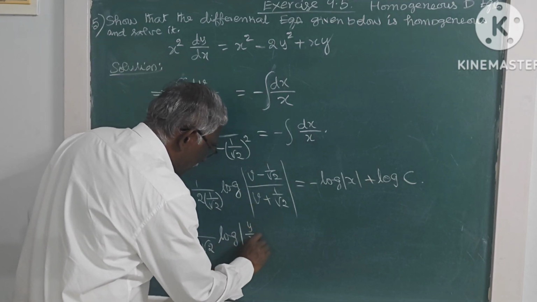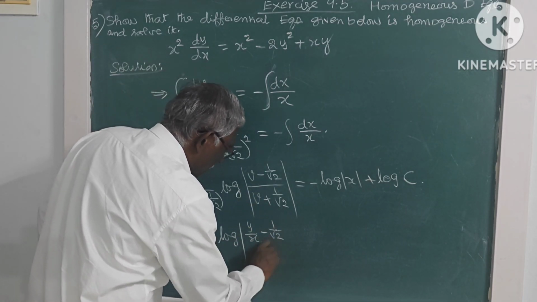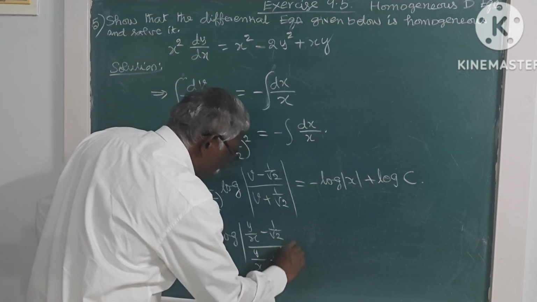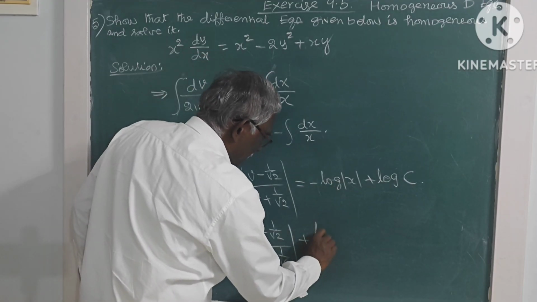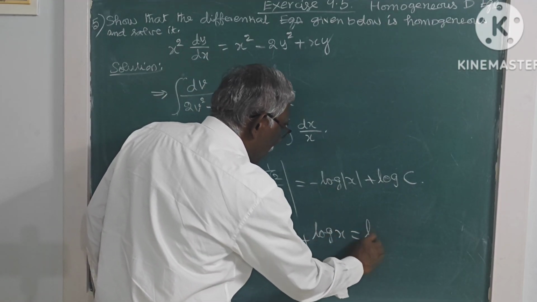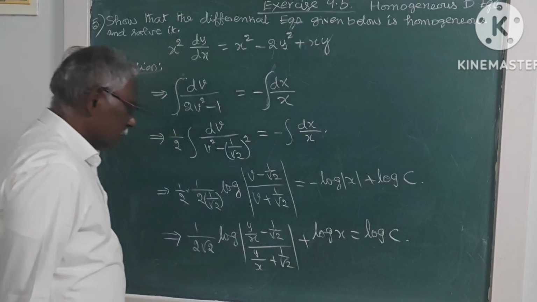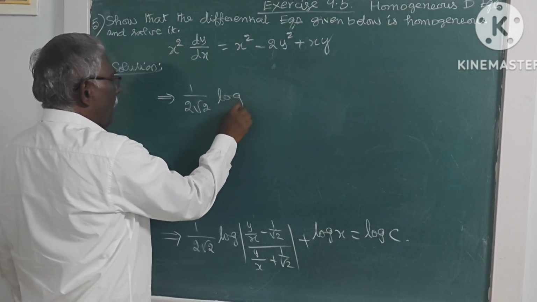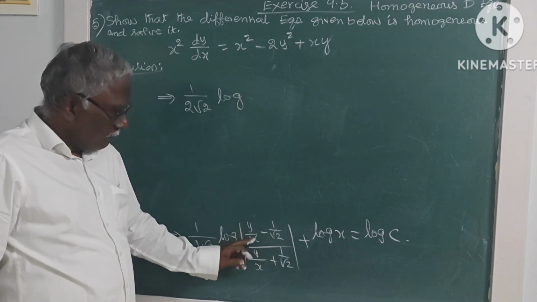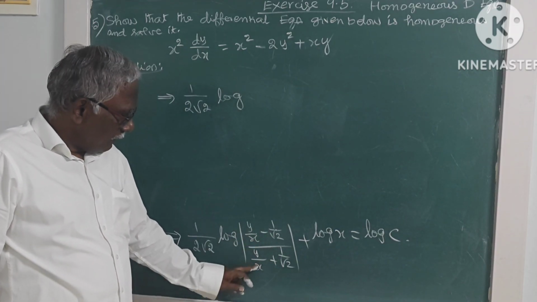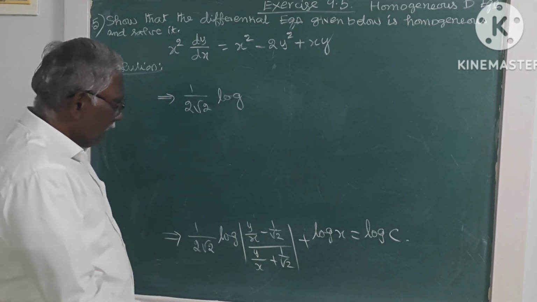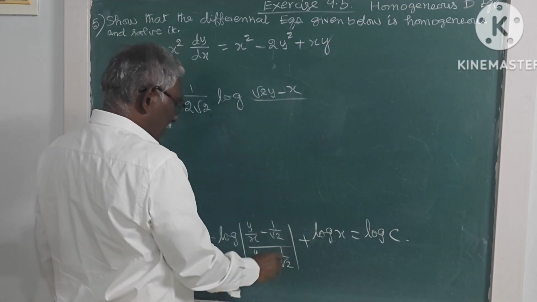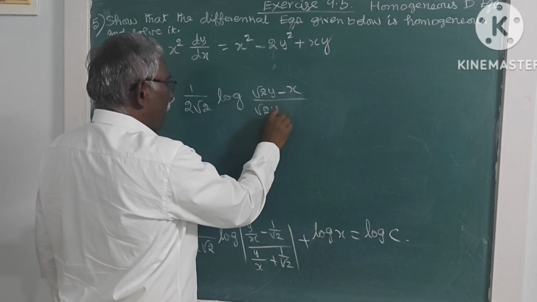So y by x minus 1 by root 2 by y by x plus 1 by root 2, plus log x is equal to log c. 1 by 2 root 2 log of root 2 x is there, here also root 2 x is there, root 2y minus x by root 2y plus x.